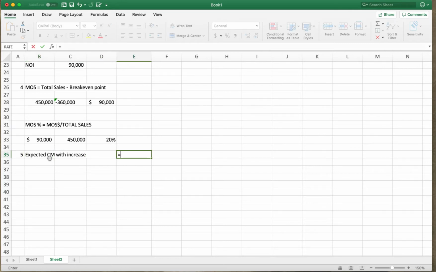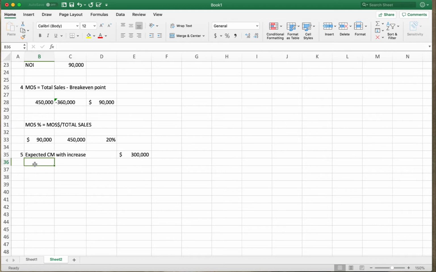Sales go up by $50,000. They're already at 450,000, so they go up to $500,000, times our 0.6, or our contribution margin ratio. So that's $300,000. That's 300 grand. That's the expected contribution margin with the increase in sales.